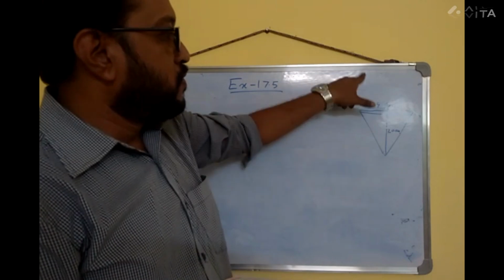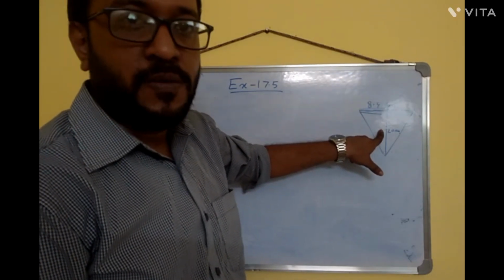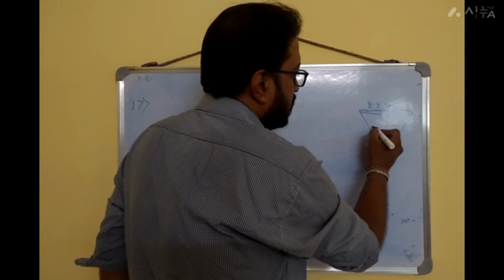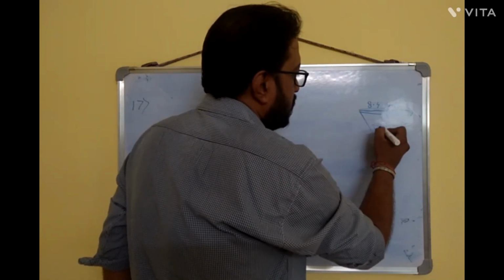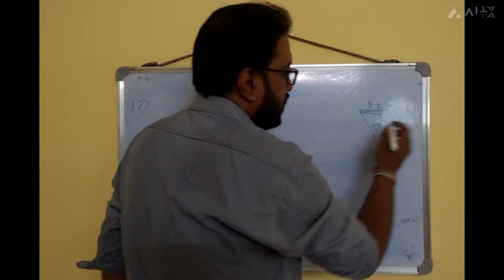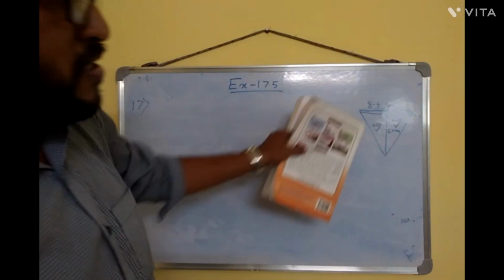Immediately the cones go inside the water. It is submerged. Suppose these are my 2 small cones here, one is here, another is here. You can see it is totally submerged into the water.